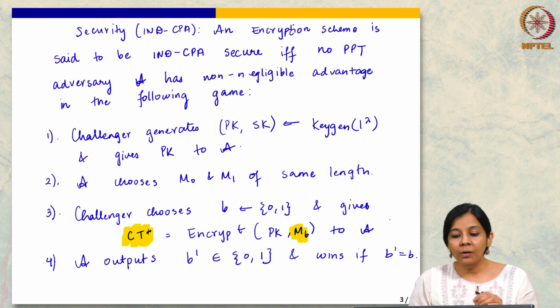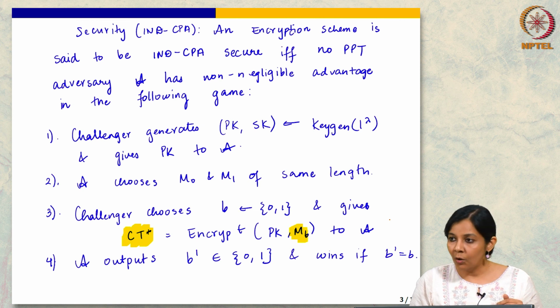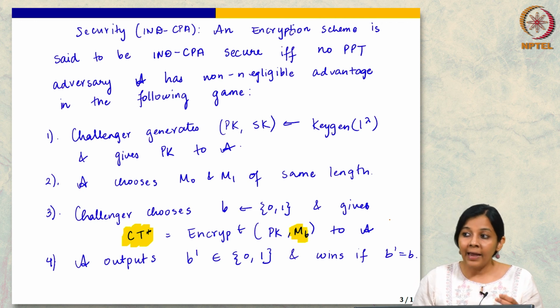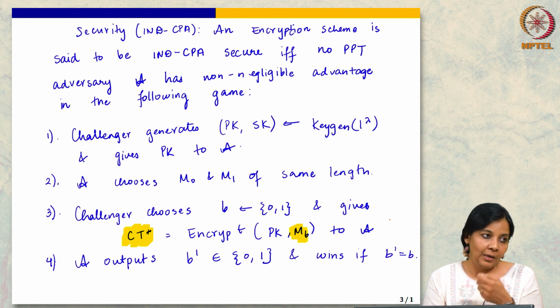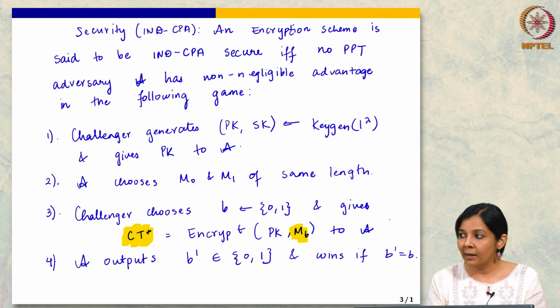So, what should this challenger do? The challenger is playing with the adversary, and it is deciding whether the adversary won or not. But this does not in general say much about the security of the scheme, unless I can use the work done by the attacker to solve some hard problem.